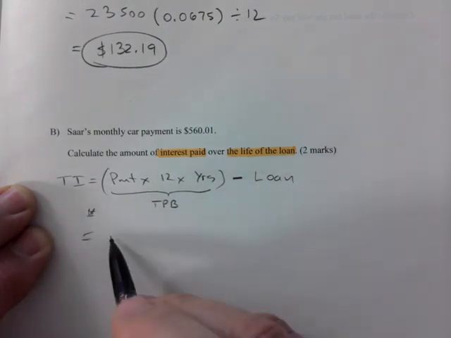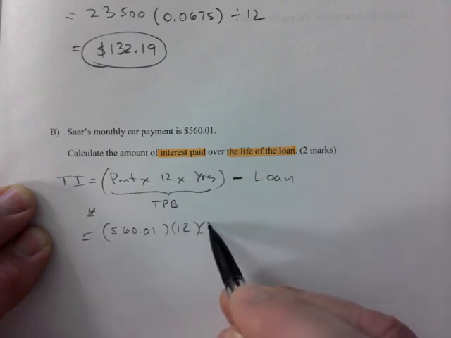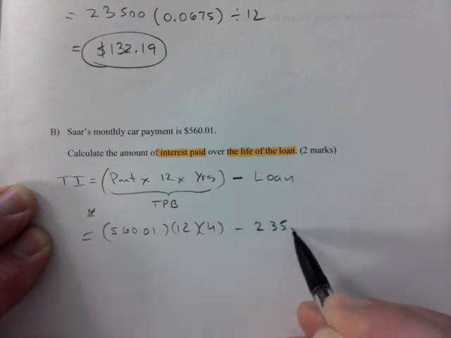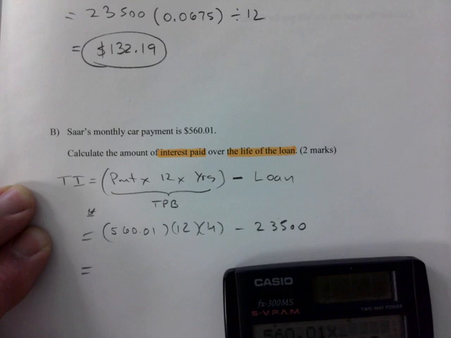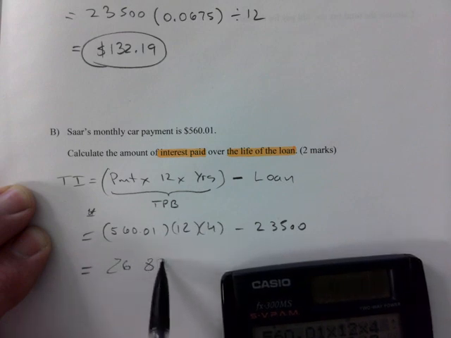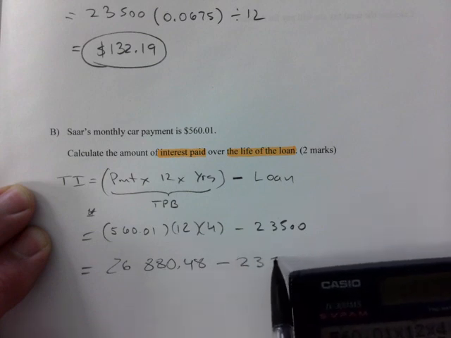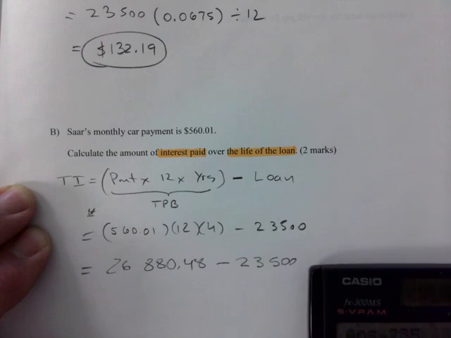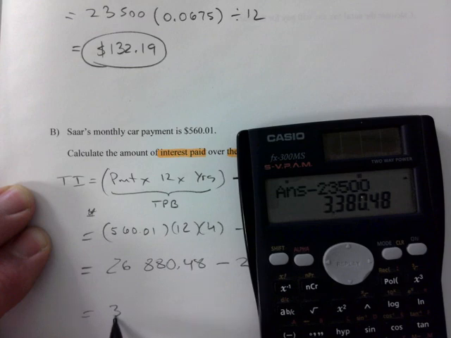Let's go a little further here. So it's 560.01 times 12 times 4 minus 23,500. Let's figure that out. So that's 26,880.48 minus 23. So I paid, according to my calculations here, $3,380 and 48 cents.